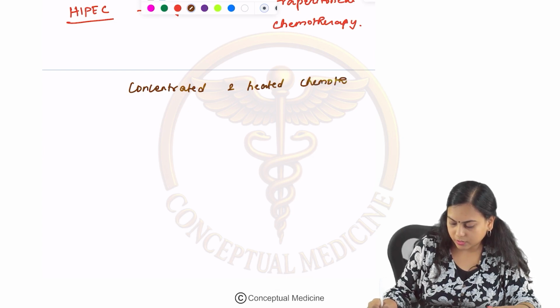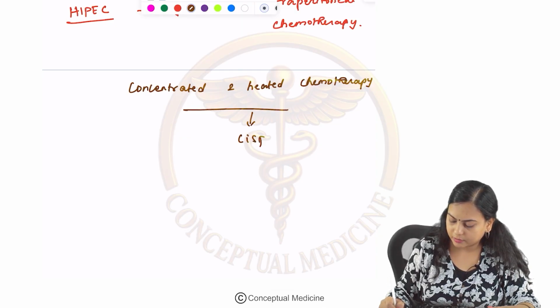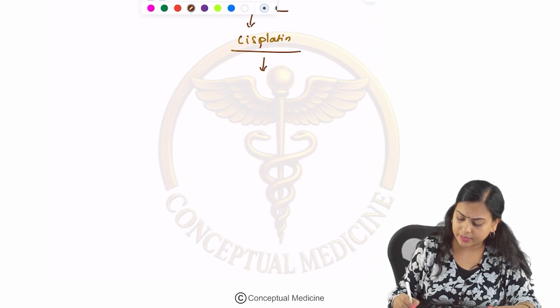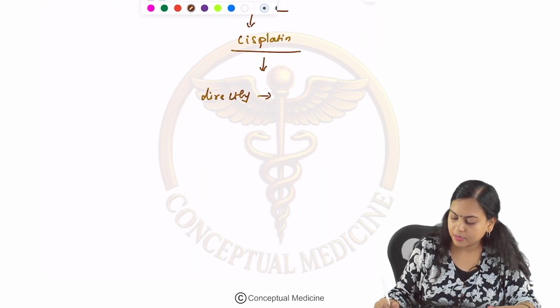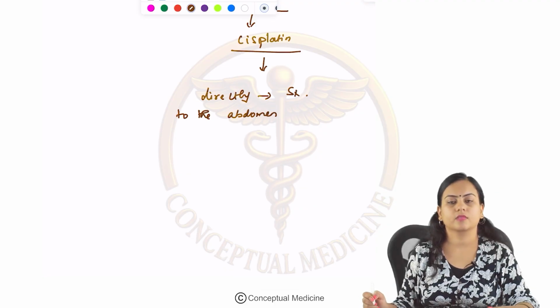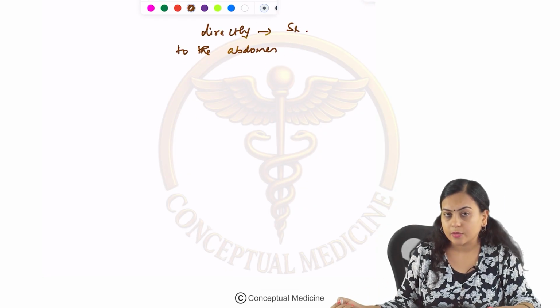Okay, so the commonly used drug we have seen is, say, cisplatin. So this will be heated and concentrated, and this will be given directly over the abdomen during surgery. Okay, directly to the abdomen during surgery. Okay, so this is hyperthermic intraperitoneal chemotherapy.